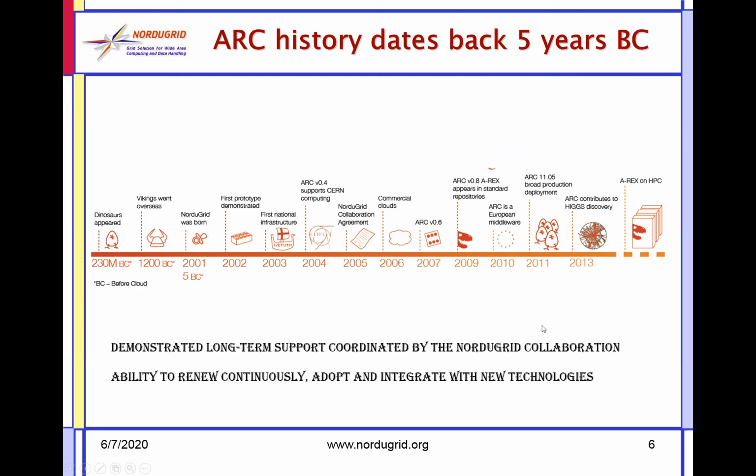But the take-home message from this slide is that this is a product which has been around for a very long time, and it has demonstrated long-term support by the Nordic collaboration, and we have the ability to continuously renew and adapt to the ever-changing IT infrastructure and technologies. So if you go for ARC6 or ARC, you will get support sort of guaranteed for the coming years.